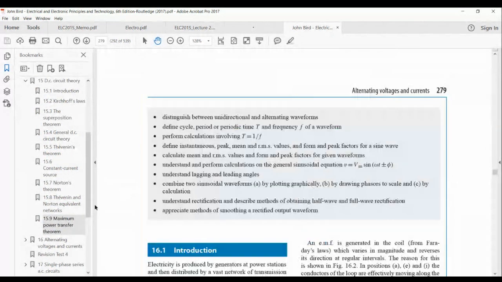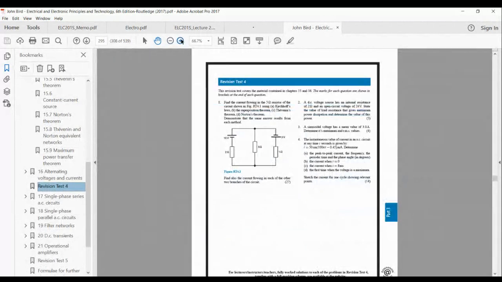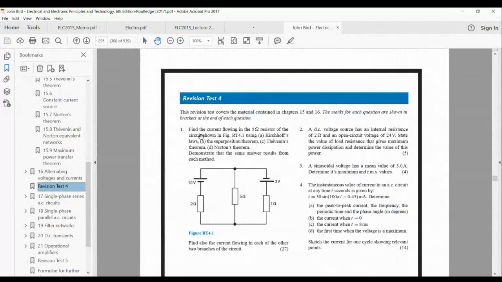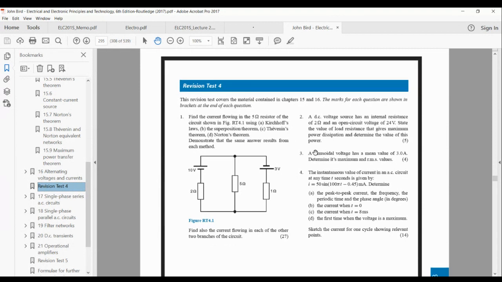And if you go to revision test 4, they're asking you here to do Kirchhoff's laws, superposition, Thevenin, and Norton. The test would be something similar to this. You have to know all your theorems, so make sure you practice this. If you don't know the answers for circuits, use LT Spice. That's why I made you guys aware of it.